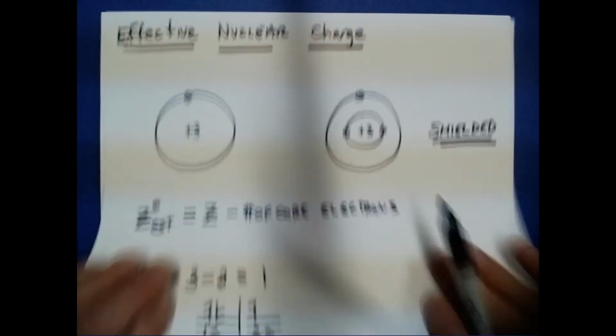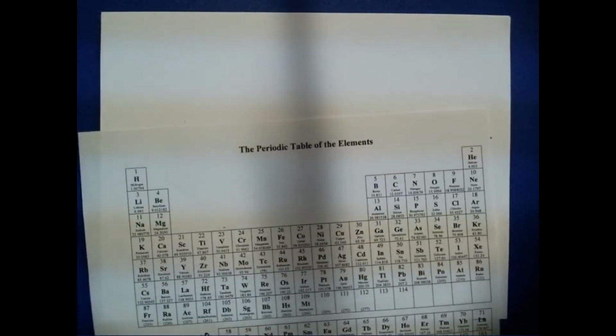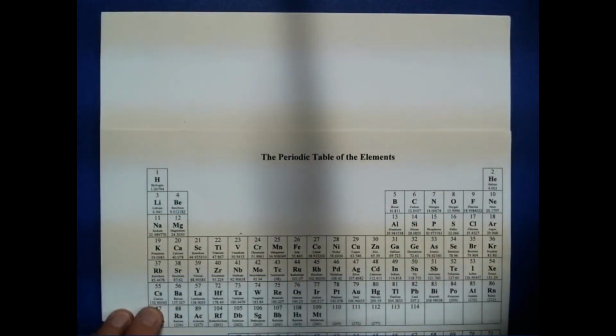Let's do this for a couple more elements in the second period. So we're going to find Z star for quite a few of these elements.